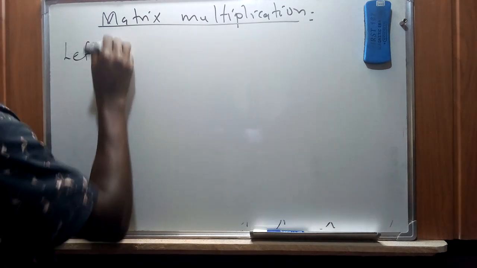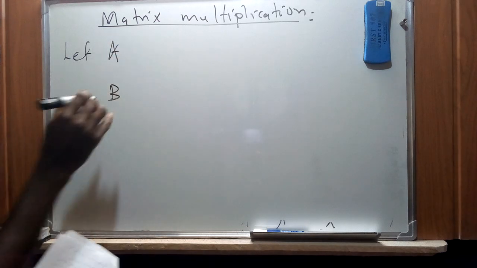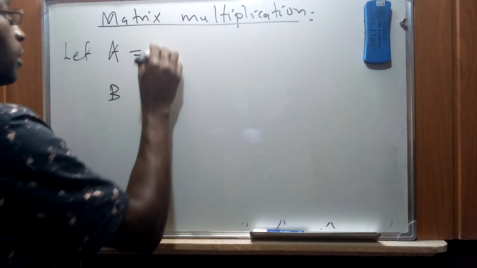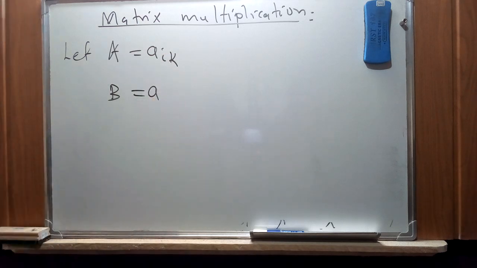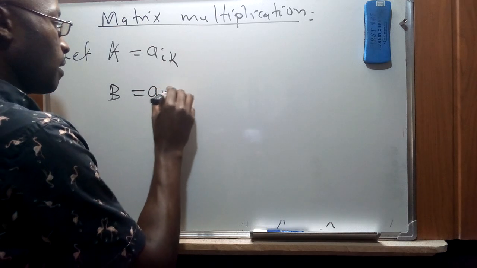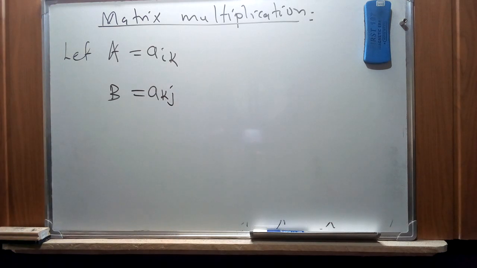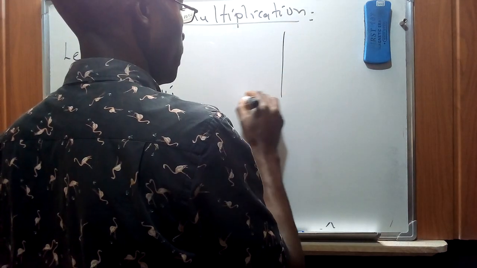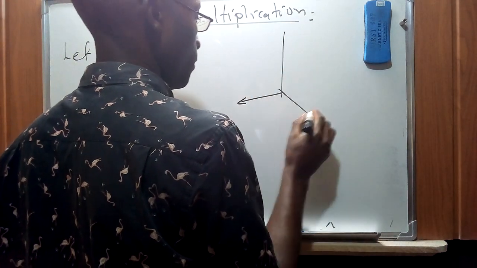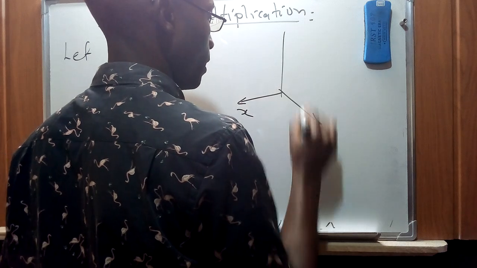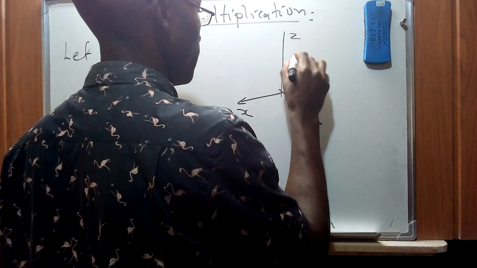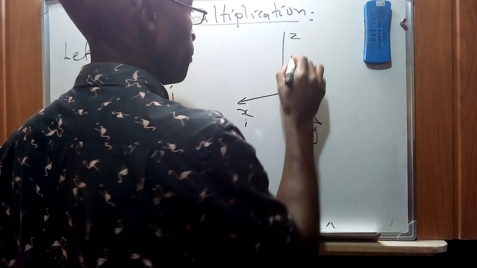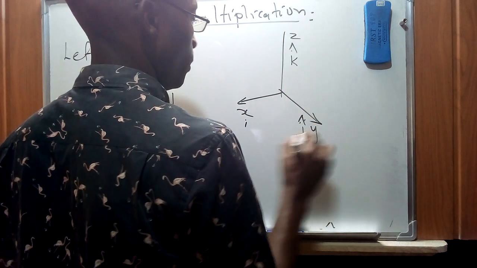Suppose we have matrices A and B, where A is Aik and B is Bkj. From the representation of three-dimensional space, we said that there is a specific order that we represent as x, y, z, or i, j, k. So for that case, we use those symbols.